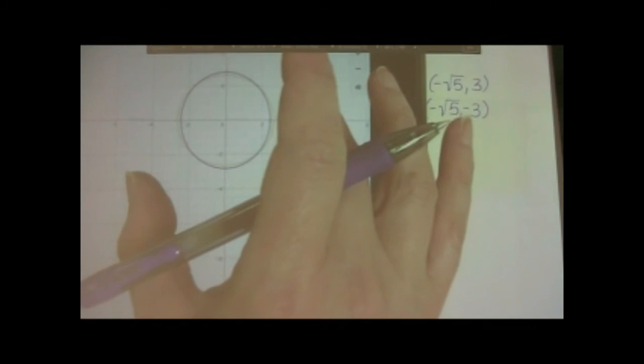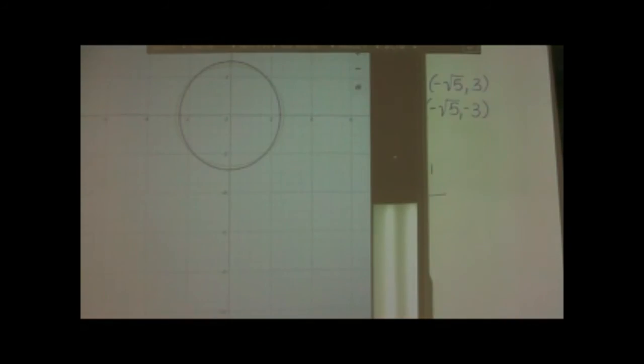The green one is the first equation, and it is a circle. All right? The purple one is the second equation, and it is an ellipse. It's more oval shaped. So notice there's 1, 2, 3, 4 points of intersection.